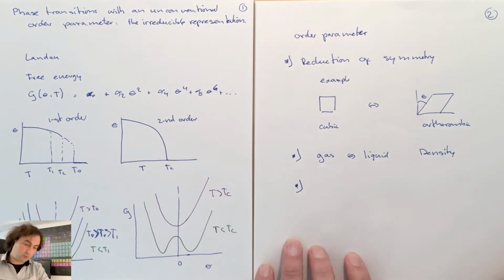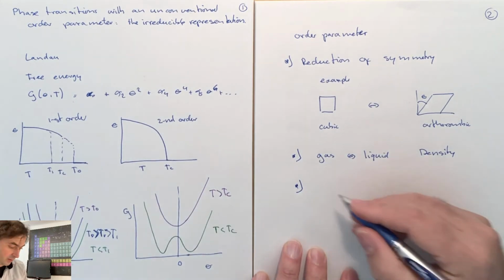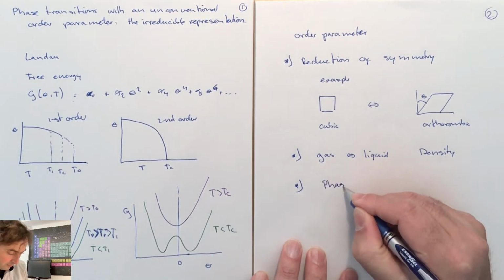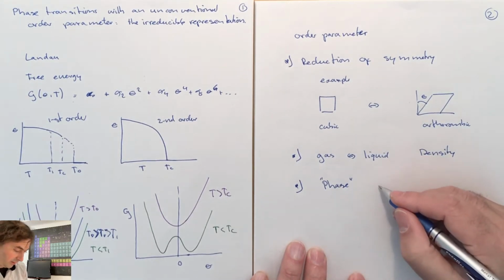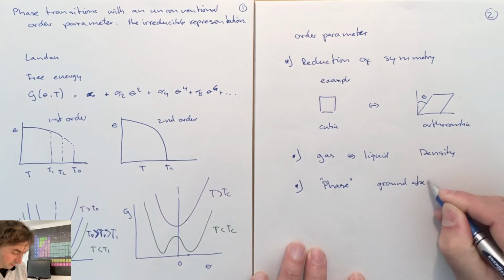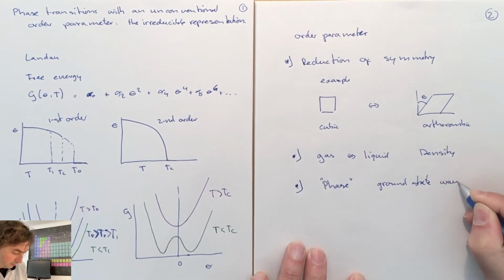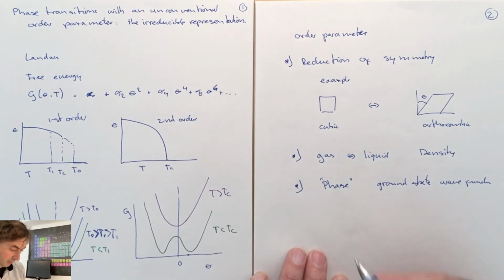Now, what I want to talk about in this video is a case where we take for the order parameter the phase, and I put it in brackets, the ground state wave function gets under a symmetry operation of the point group of the Hamiltonian, or the space group of your Hamiltonian.